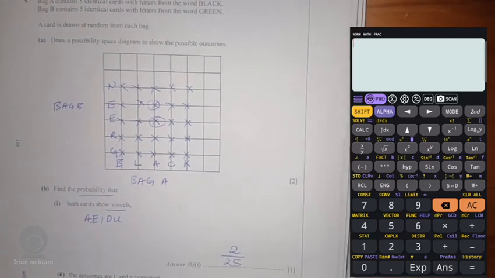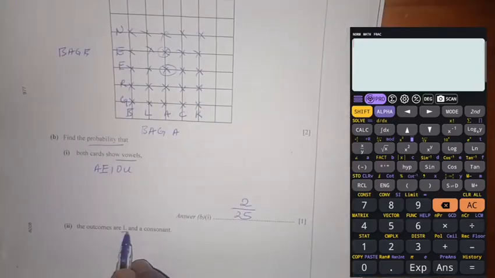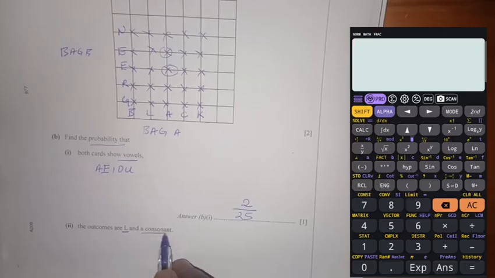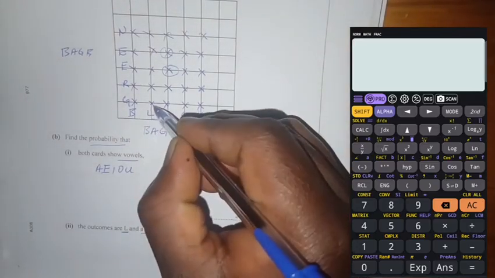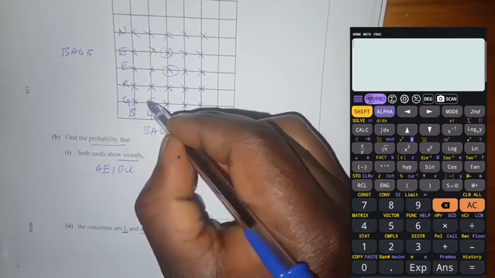The next one requires the outcome to be L and a consonant. A consonant is a non-vowel: all the letters of the alphabet excluding the vowels. Now let's check L and G. This is a consonant, so this is the first outcome.